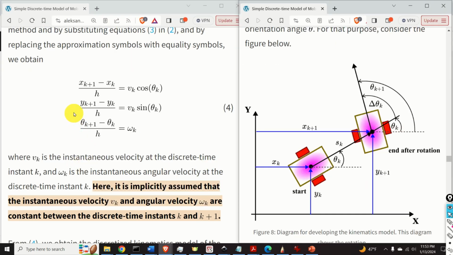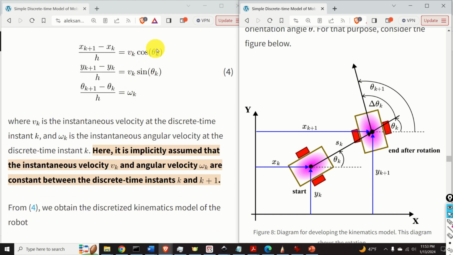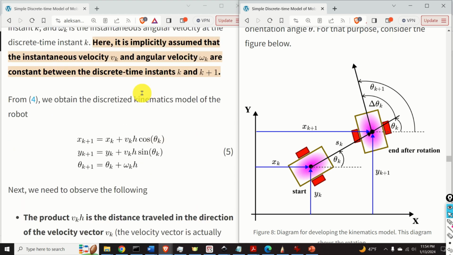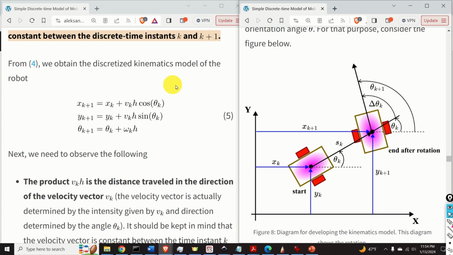Here, it is implicitly assumed that the instantaneous velocity v_k and the angular velocity omega_k are constant between the discrete time instants k and k+1. From this set of equations, we obtain the discretized kinematics model of the robot given by this set of equations.